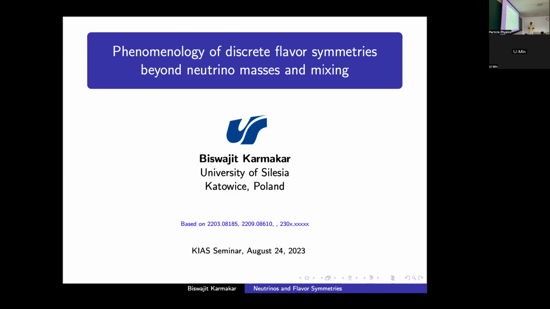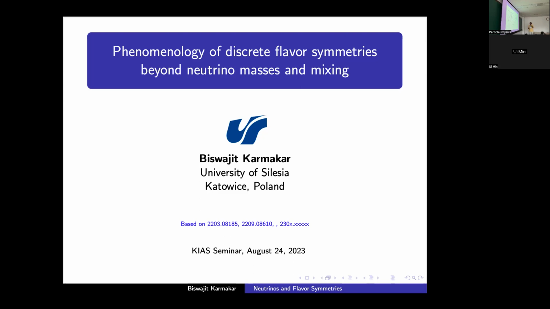Now, if you compare the correlation among the parameters appearing in this TM1 and TM2 mixing, what we find in the context of present data is this. This is the correlation between θ23 and δCP. In the context of present data, this band is due to the uncertainty in the other two parameters, and this is the allowed data.